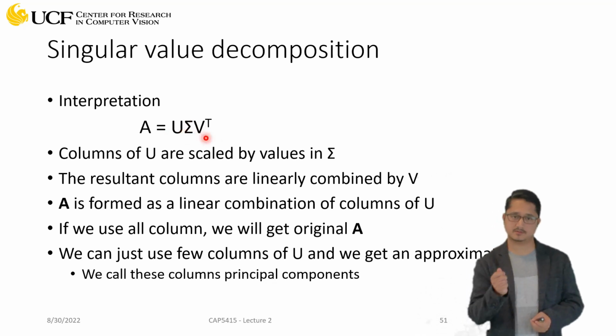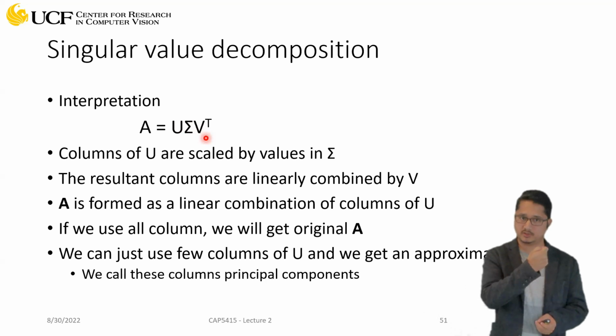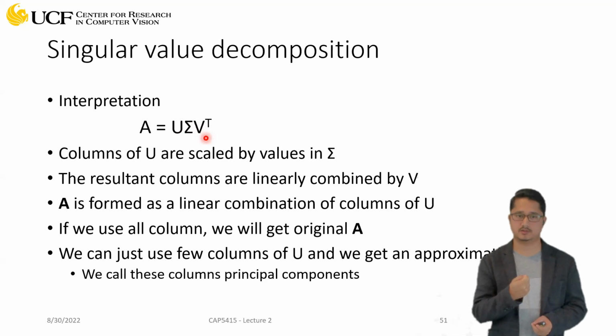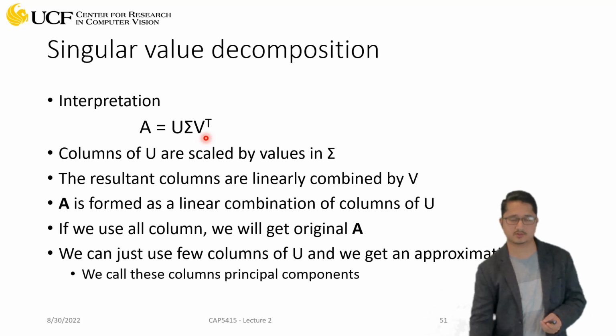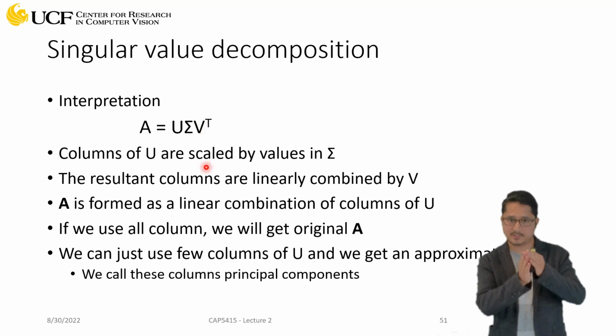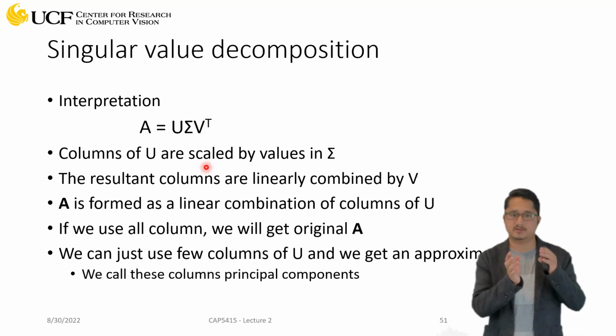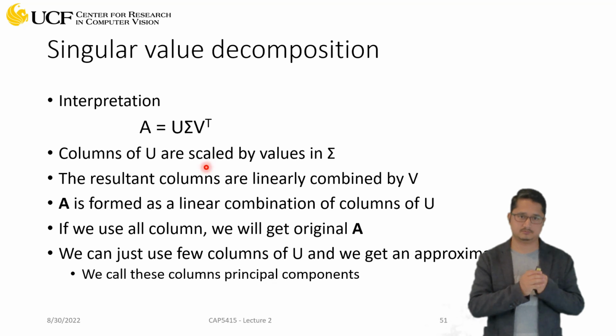Those diagonal values tell you which component is important and which is not. So the magnitude of those values tells you that, and you sort those. It's actually sorted already. So you use the values which have high magnitude and just use those components.